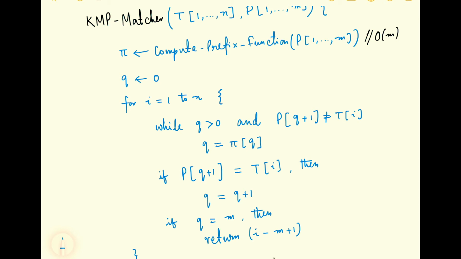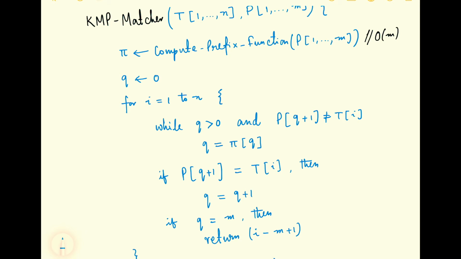So I write q equal to pi q, and again assume that the first q characters have been matched, and again I try to continue my matching, checking whether the next character p q plus 1 is equal to t i or not.